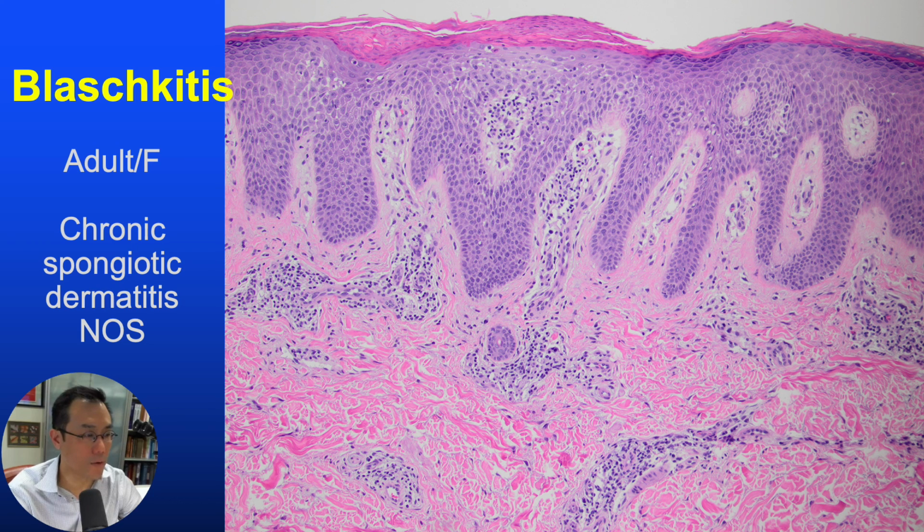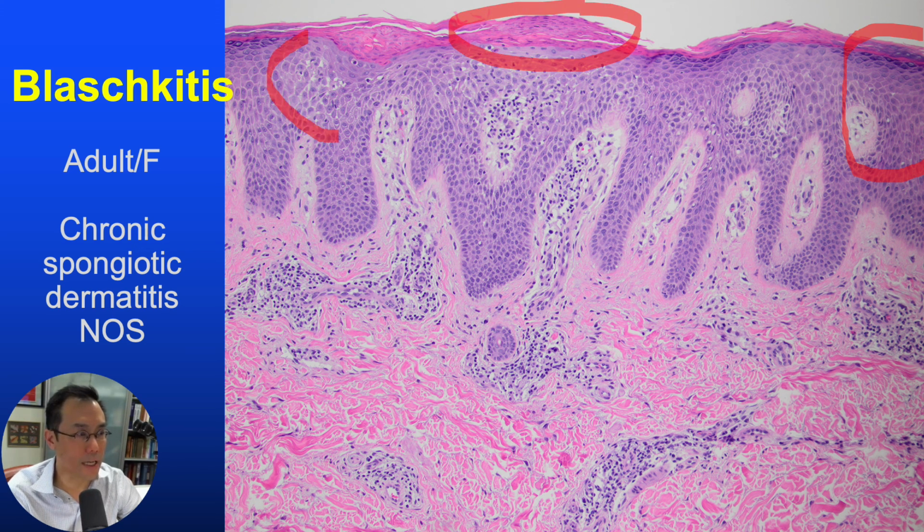So off to the right side of the biopsy, we have compact orthokeratosis with hypergranulosis, consistent with chronic spongiotic dermatitis or a component of lichen simplex chronicus. We have subacute parakeratosis and then foci of evident spongiosis.